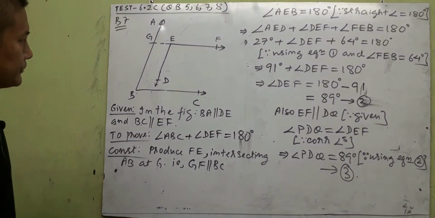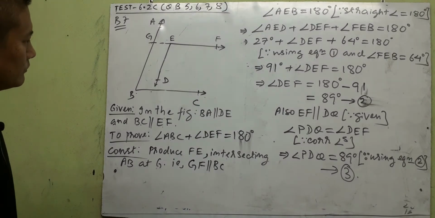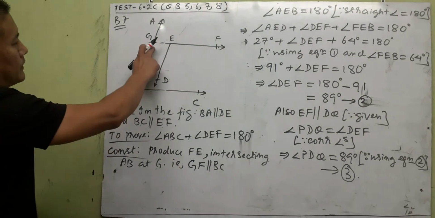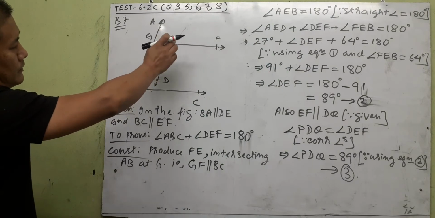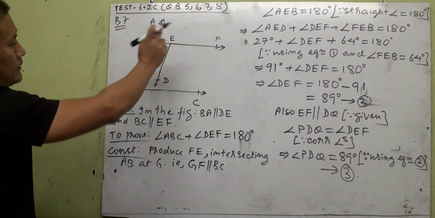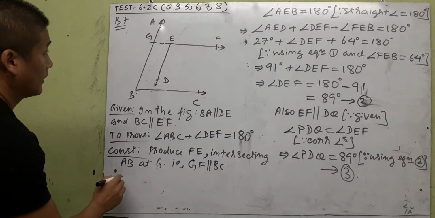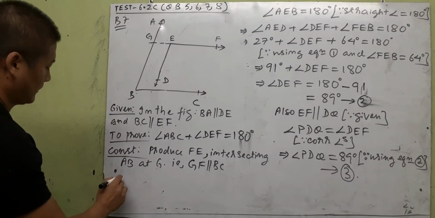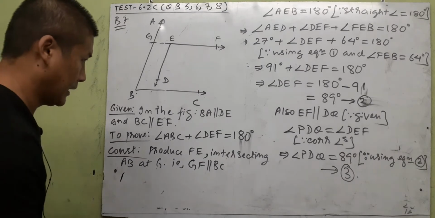Now here these two lines are parallel, so we can start with this one and this one. Proof means the answer for it.